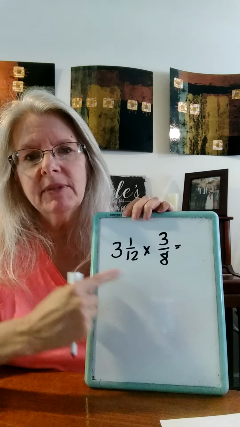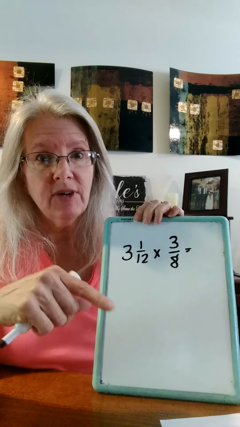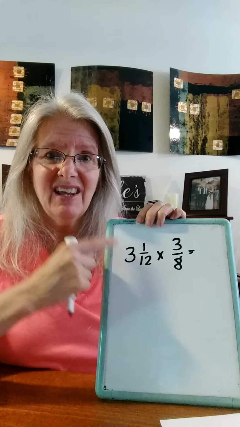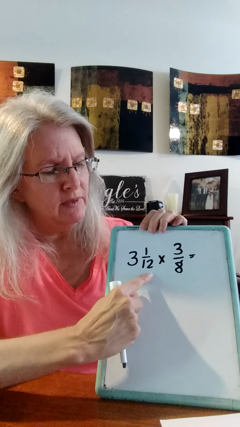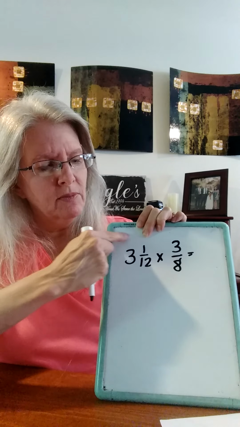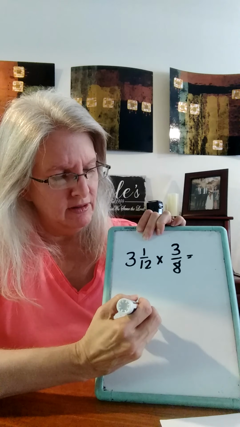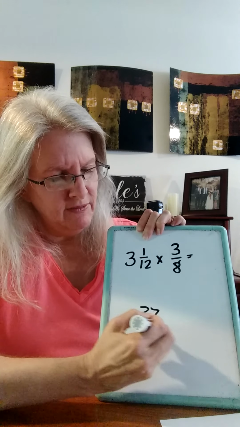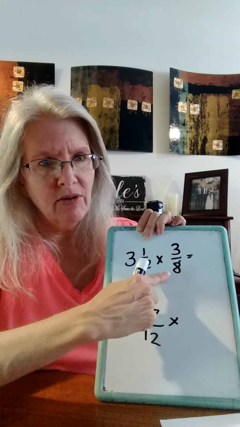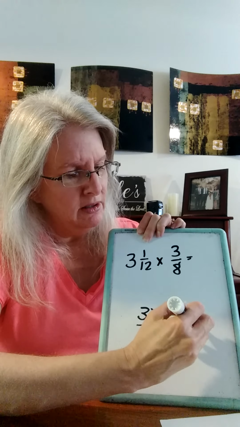That's okay. Sometimes you're going to multiply mixed numbers by regular fractions. That's fine. Just remember, you have to convert your mixed fraction into an improper fraction. 12 times 3 is 36, plus 1 is 37. So we have 37/12 times, and we don't need to do anything. That's already just a regular fraction, 3/8.